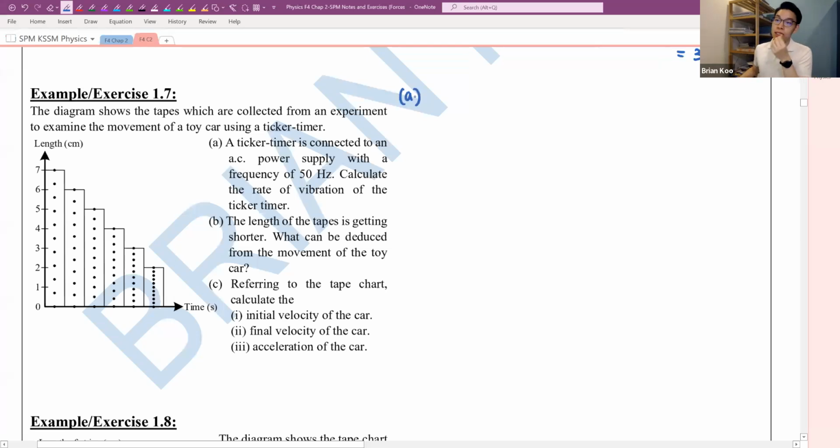The diagram shows the tapes which are collected from an experiment to examine the movement of a toy car using a ticker timer. A ticker timer is connected to AC current. Calculate the rate of vibration of the ticker timer. This one you don't need to calculate actually. It's just 50 times per second.